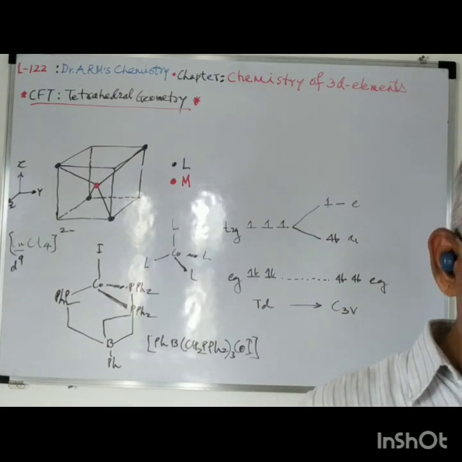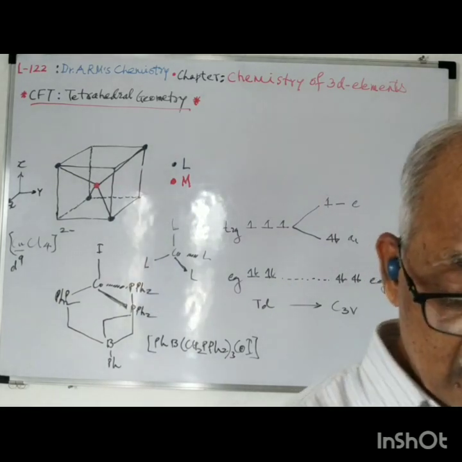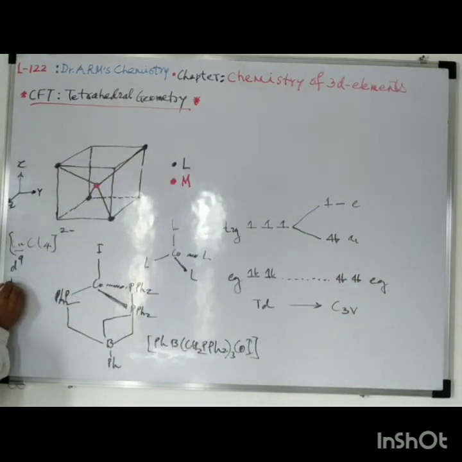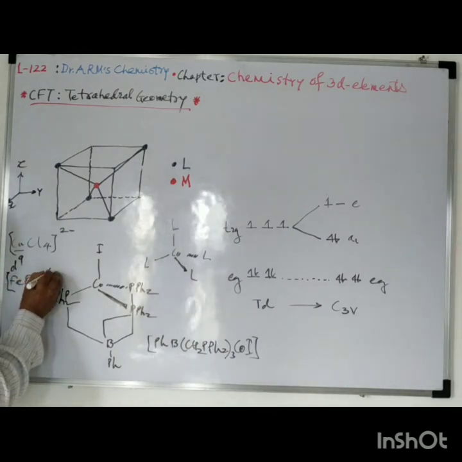A structural change called distortion is also observed in another type of complex, FeO4 minus.